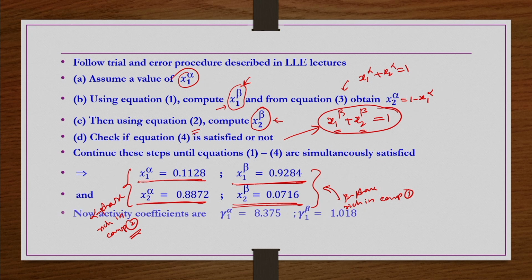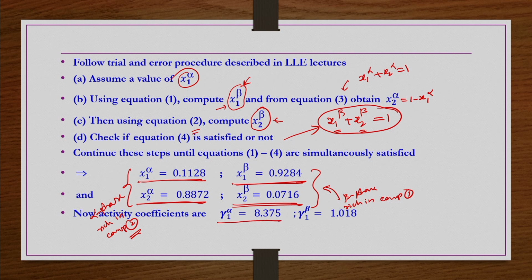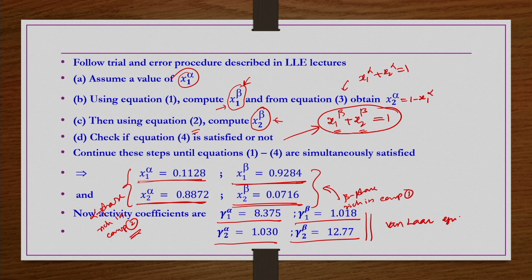Okay. Now we have to find the activity coefficients also, because we have to use them for calculating the YA composition as well. So, gamma 1 alpha you can get 8.375, gamma 1 beta 1.018, gamma 2 alpha 1.030 and gamma 2 beta 12.77. These are obtained using the Van Laar equations, whatever ln gamma expressions we have in terms of A prime and B prime.